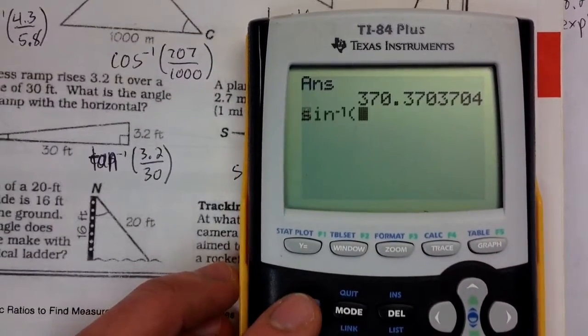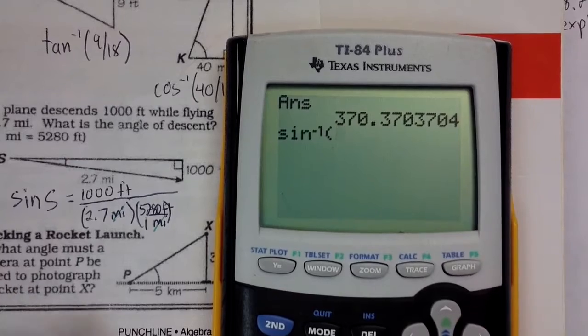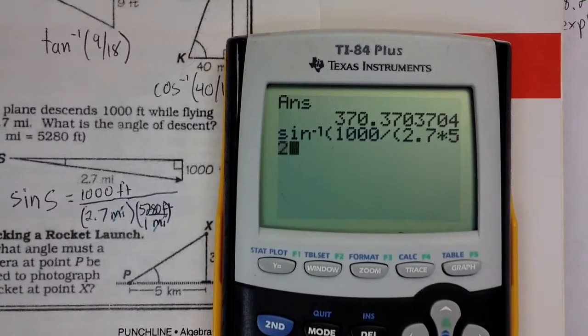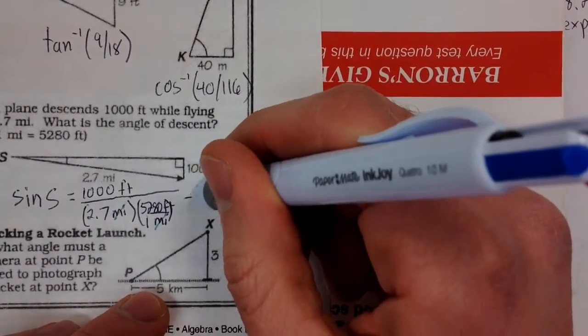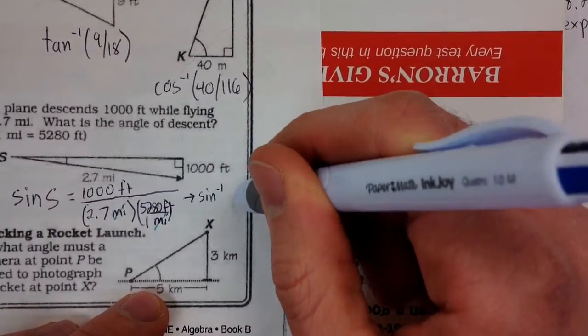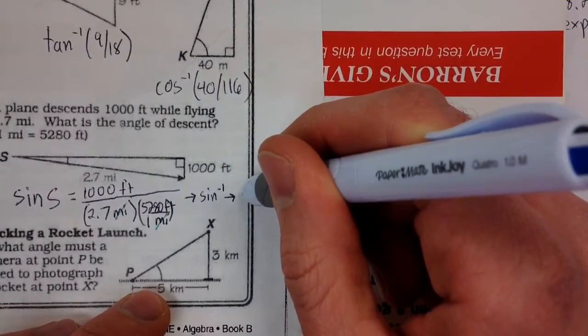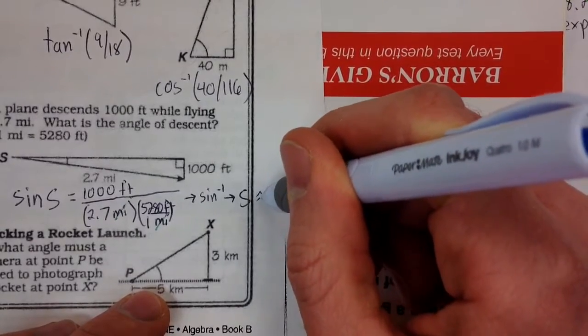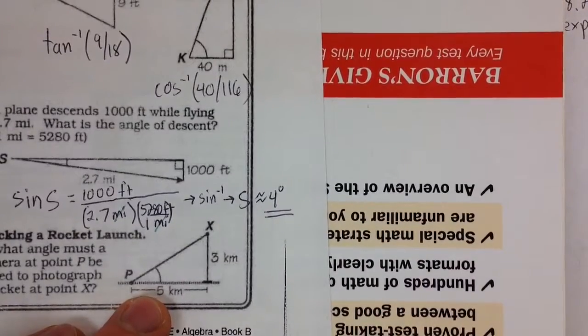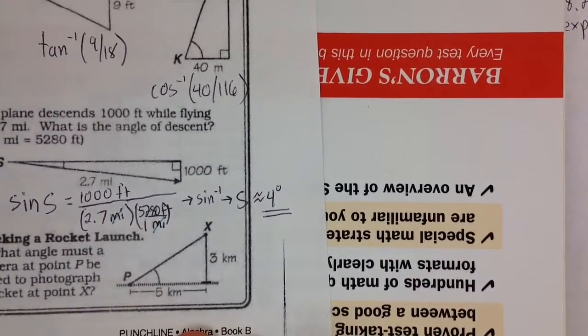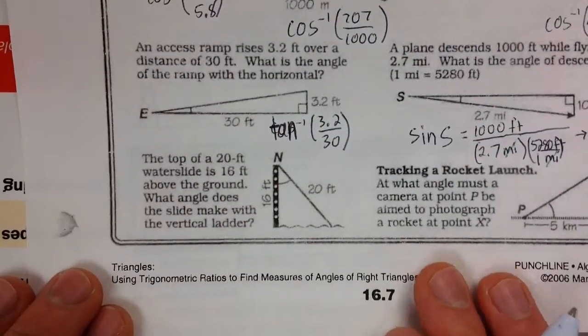So inverse sine of 1,000 divided by the product of 2.7 and 5,280. So about 4 degrees. Notice that the units have to be the same. Good.